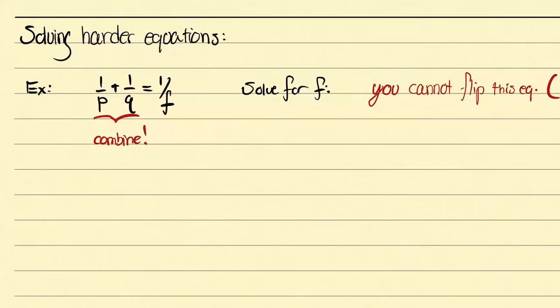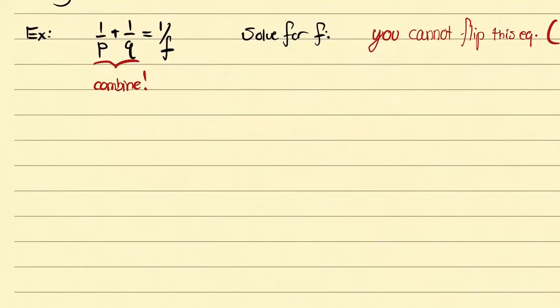How do I combine 1 over p plus 1 over q? If you want to shout out the simplified fraction, that's also totally fine. So what I need is a common factor between these fractions. So that's going to be p and q. So what I'm going to do is multiply by the missing factor.